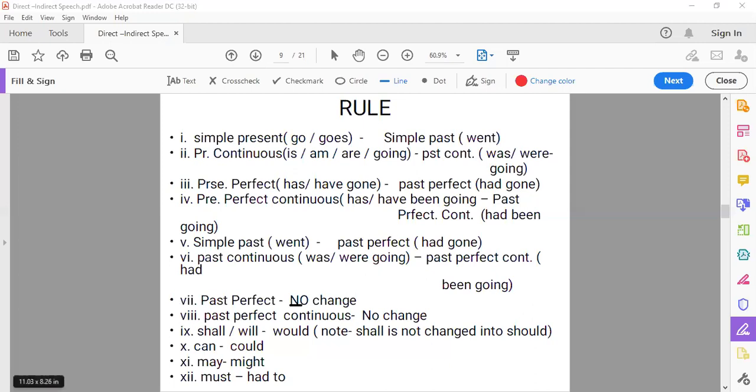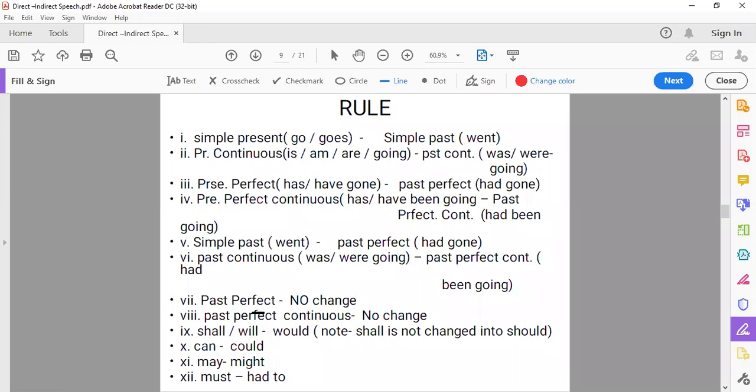Coming to the future, if we have a future form in the reported speech, that means will or shall. Whatever form of future comes: if indefinite, then will/shall plus first form; if continuous, will/shall be plus first form plus ing; if perfect, will/shall have plus third form. If it is future perfect continuous, that means will/shall have been plus first form plus ing.